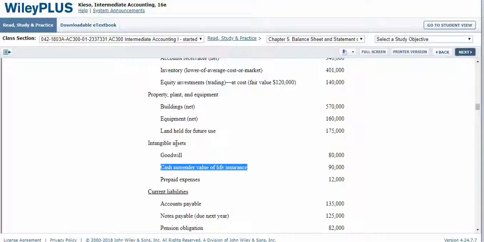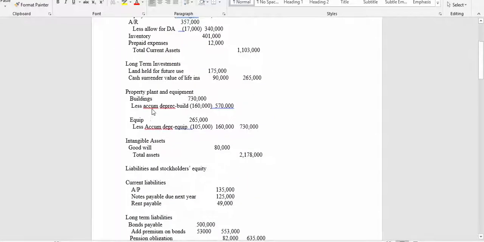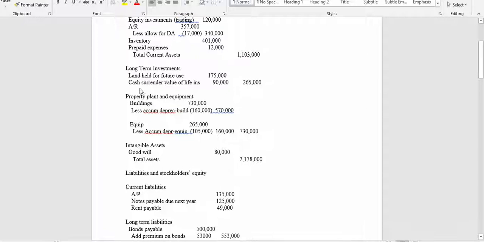The trademark Nike swoosh, for example. Cash surrender value of life insurance is not considered an intangible. So instead, we'll put that over here in the long-term investments. So the land and the cash surrender value.